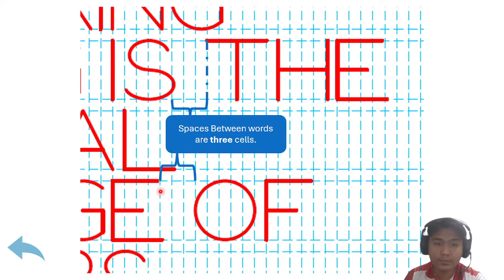Letter E ended with this line, and letter O started with this one. So we count one, two, three. The spaces in between words are three cells.